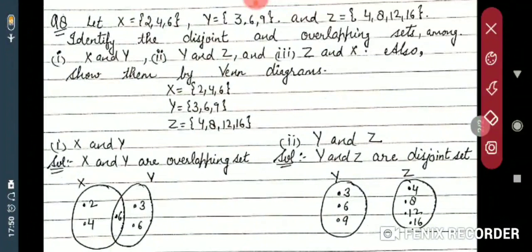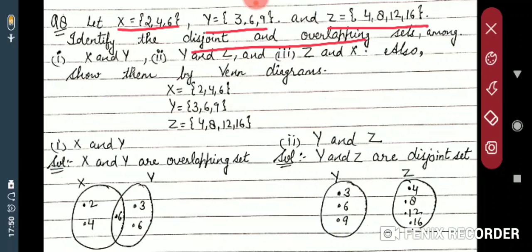Next, let x equals 2, 4, 6, y equals 3, 6, 9, z equals 4, 8, 12, 16. Identify the disjoint and overlapping sets. First of all, what is the meaning of disjoint and what is the meaning of overlapping?